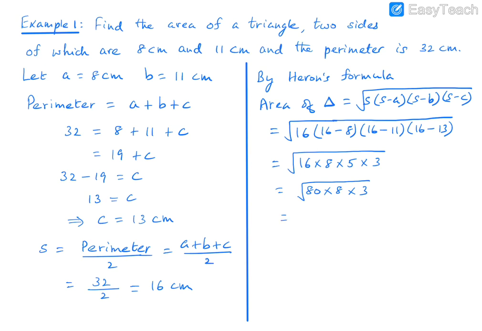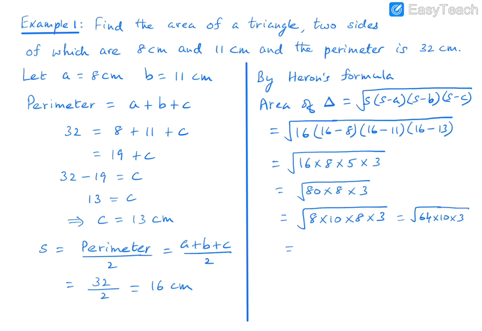So we can write it as 8 into 10 into 8 into 3. Okay. Now we have two 8s here. 8 into 8 is 64. So that will be square root of 64 into 10 into 3, the whole thing under the root.